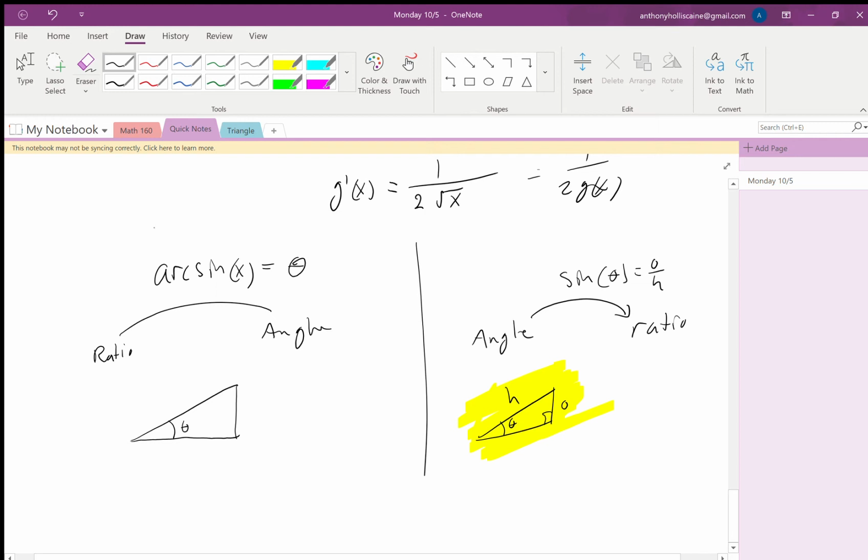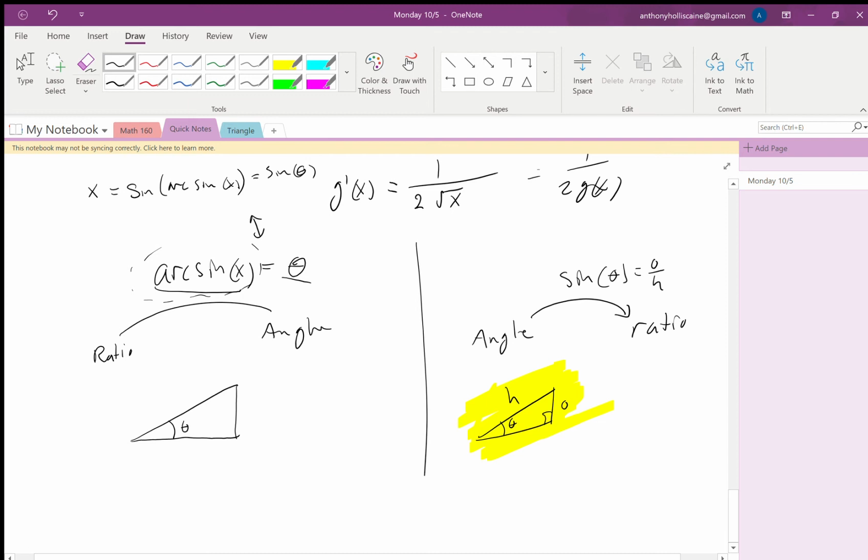Inverse functions make sense when you write them down the inverse way. What I mean is if I take the sine of both sides, sine of arc sine of x, these should be inverses, so they undo each other, you just get x. On the flip side, I could write this as sine of theta, because arc sine of x equals theta.